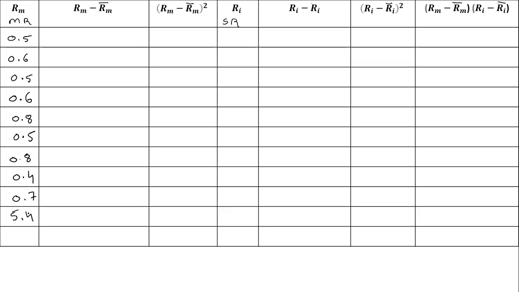Now we have to calculate R bar M. So R bar M is equal to 5.4, this is the total value we got, divided by 9. So we will get the value 0.6.